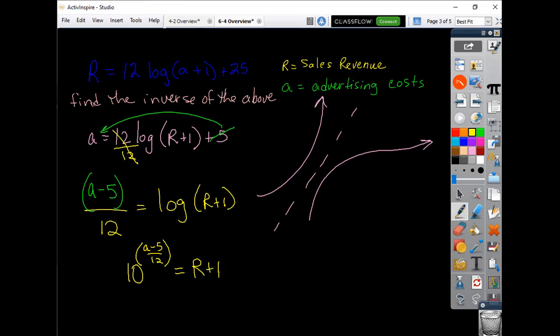And so to get the R alone, subtract that 1, whether you write it as 10 to the power of (A minus 5) over 12, minus 1, like that, or in this case it might be better so that the minus 1 doesn't sneak up into your exponent to put it out in front.